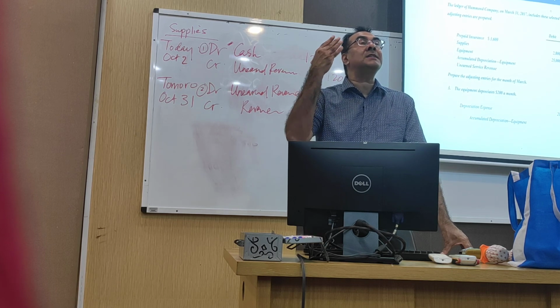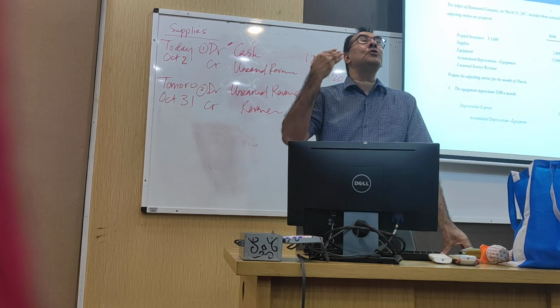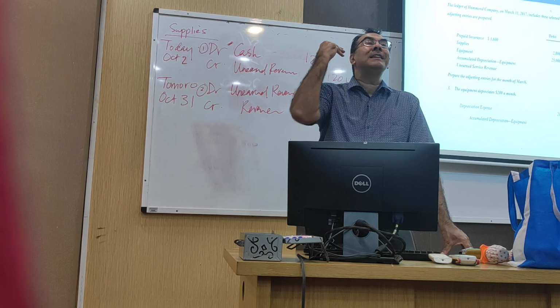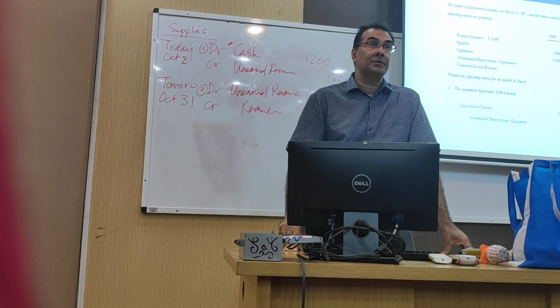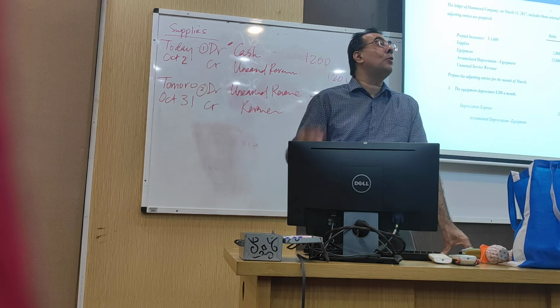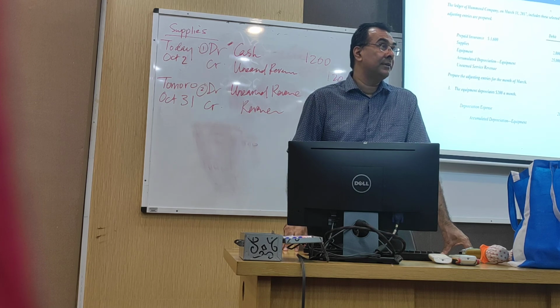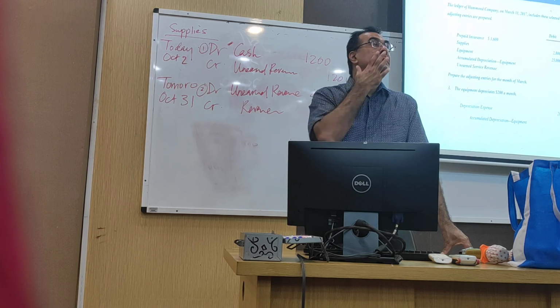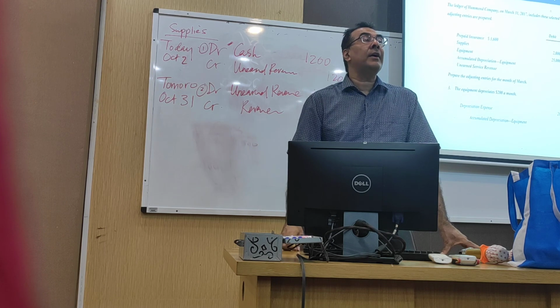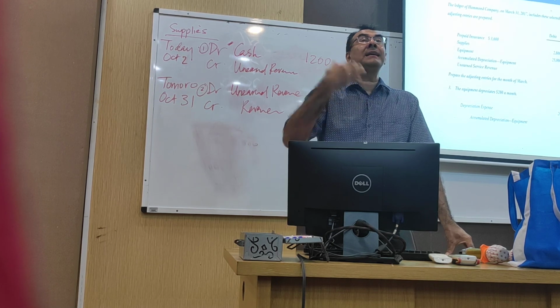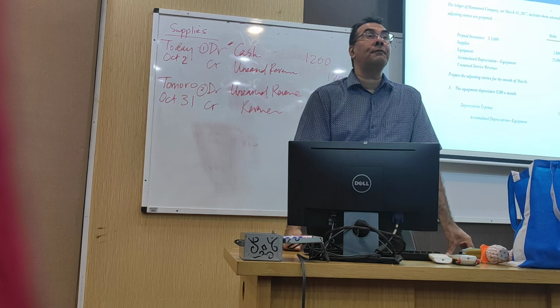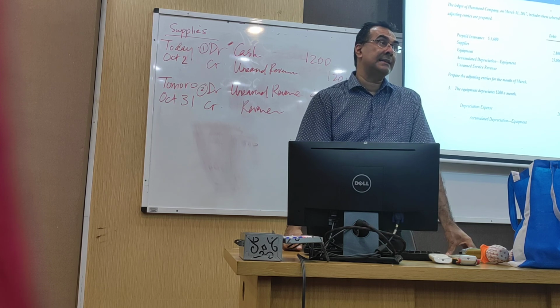So in the case of the first three, you must record a debit to an expense account. Yeah, and the credit is always to an asset account. Okay, so a debit to an expense account and credit to an asset account is an example of prepaid expense.